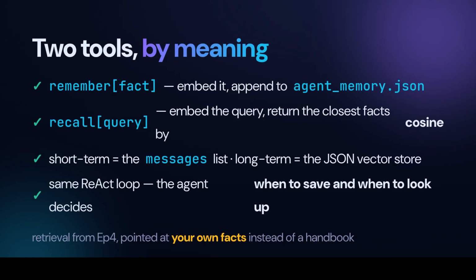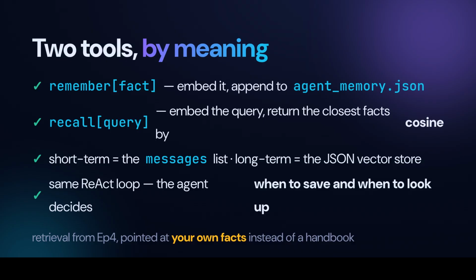So how does it actually work? 2 tools, and you've basically seen the machinery before. The first is remember. When you tell the agent a durable fact about yourself, it embeds that fact into a vector and appends it to a small JSON file on disk. The second is recall. When the agent needs something you mentioned earlier, it embeds the question and pulls back the closest facts by cosine similarity.